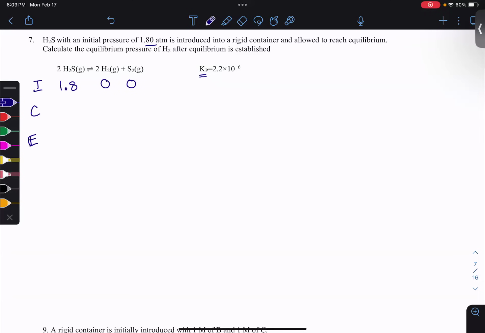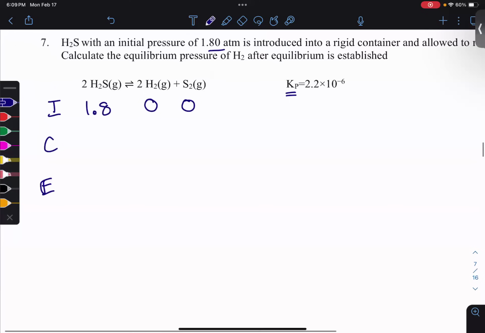So I always like to work all ice tables the same. Ask myself, which way does the reaction have to go? Has to go forward, because there's no products. It cannot go backwards. So just like before, what does our change line look like? If we work our way forward, we lose how much reactant?